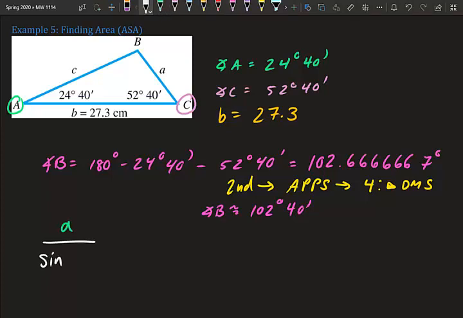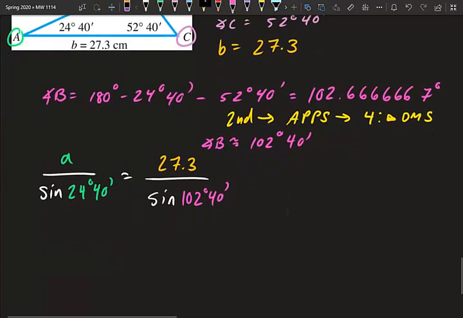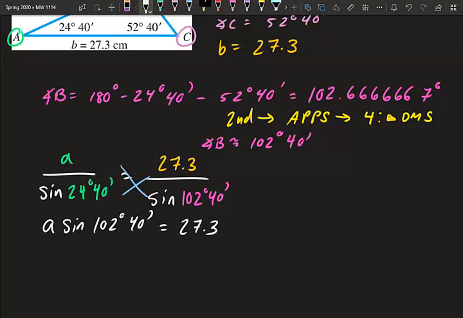So we have side A over sine A, and that equals, what we have is B. We have all of B, so we're going to use B. Our side B is 27.3, and we have sine B, which is 102.40. We cross multiply. And when we do, we have A sine 102.40 degrees equals 27.3 sine 24 degrees 40 minutes.